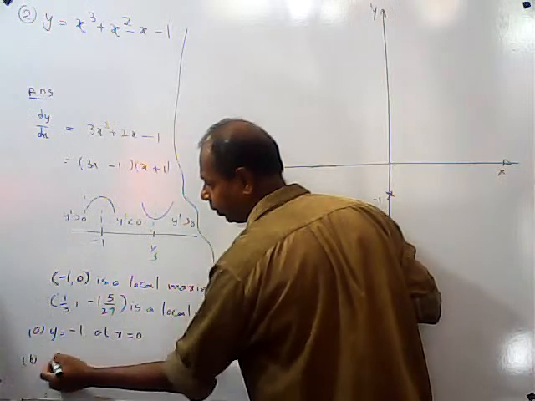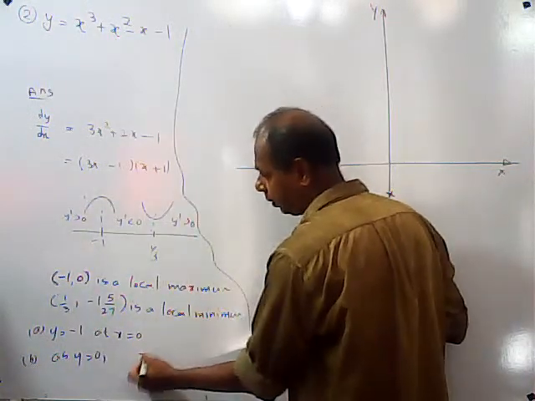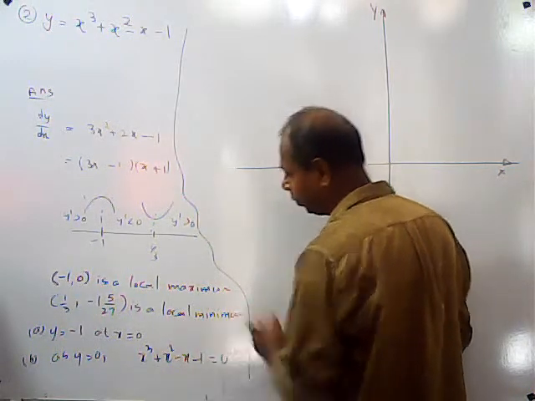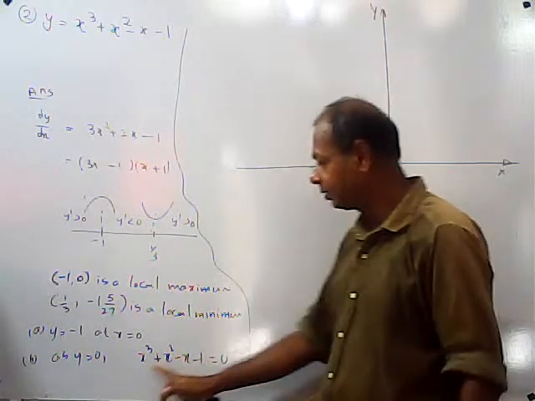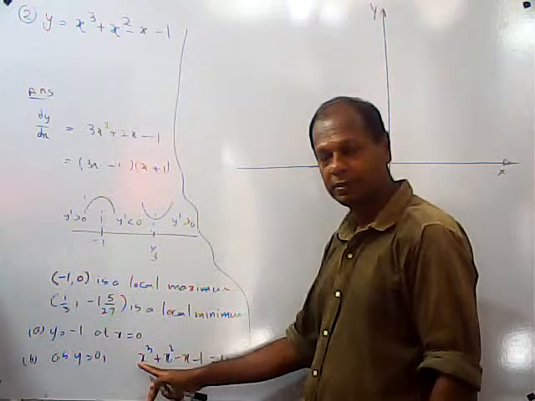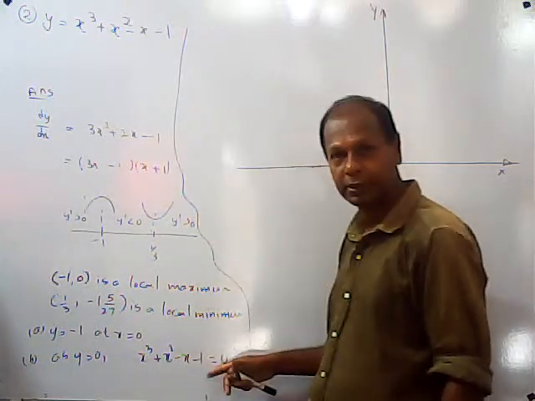So y equals 0, you get x cubed plus x squared minus x minus 1 equals 0. You can easily see that when x is equal to 1, this will be satisfied. So x minus 1 is a factor.